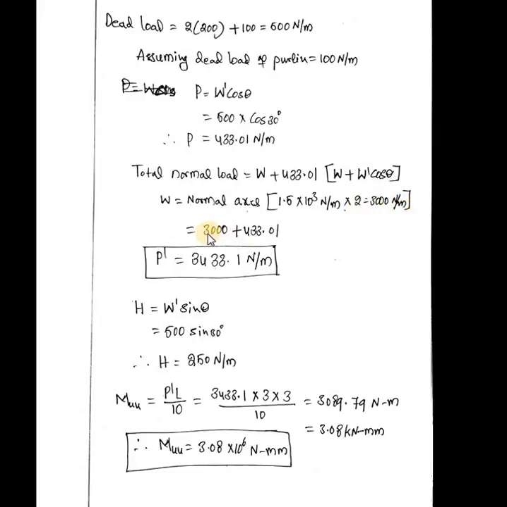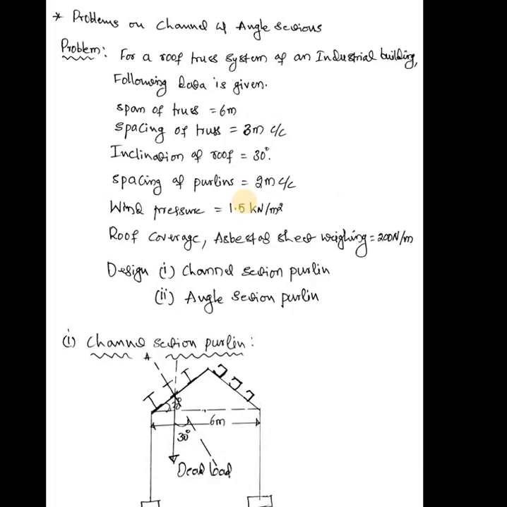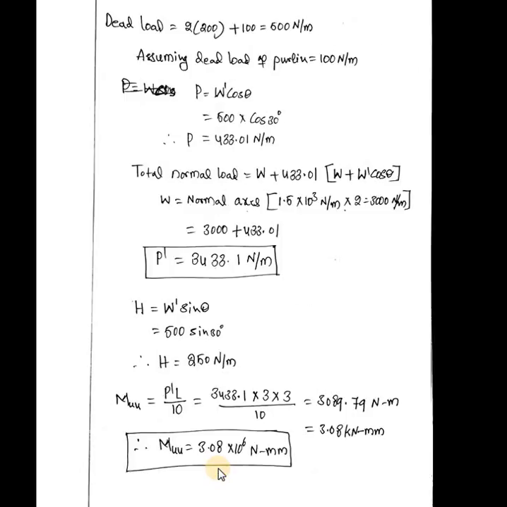So total load is 3000 plus 433.01, that is your total normal load along the VV axis. We got P dash equal to 3433.1 Newton per meter.